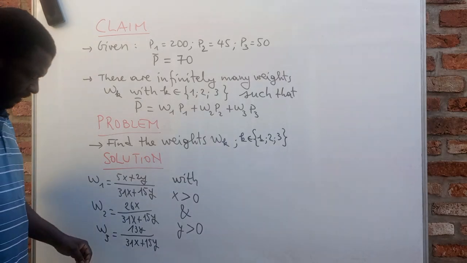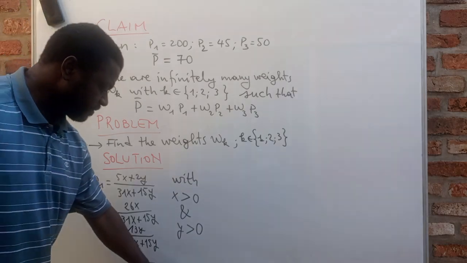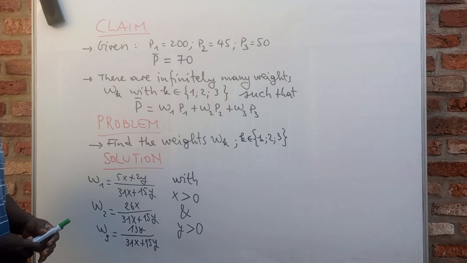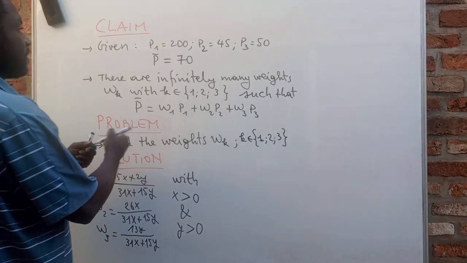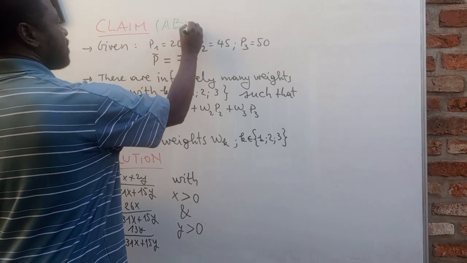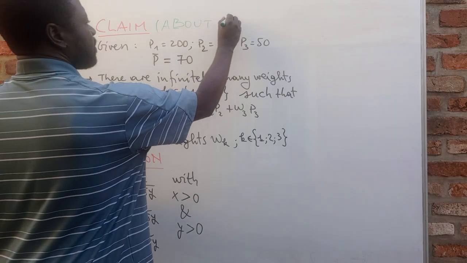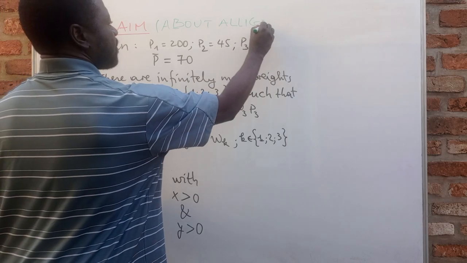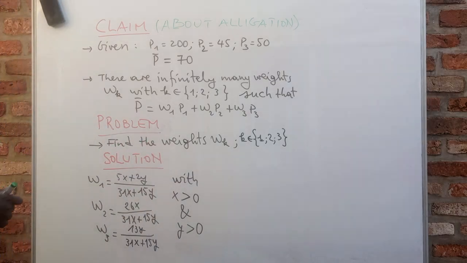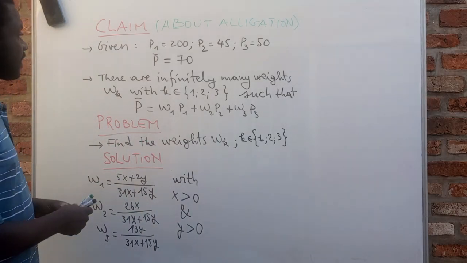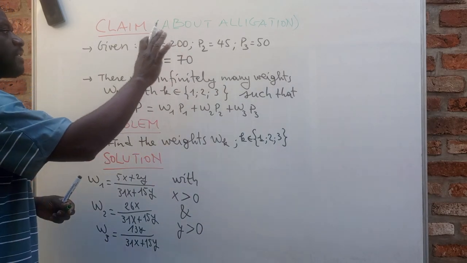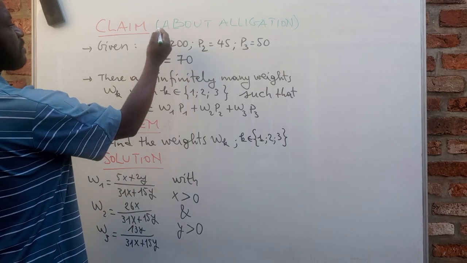Okay, so now this is another video for alligation. Suppose that we are given some unit values for some mixture.